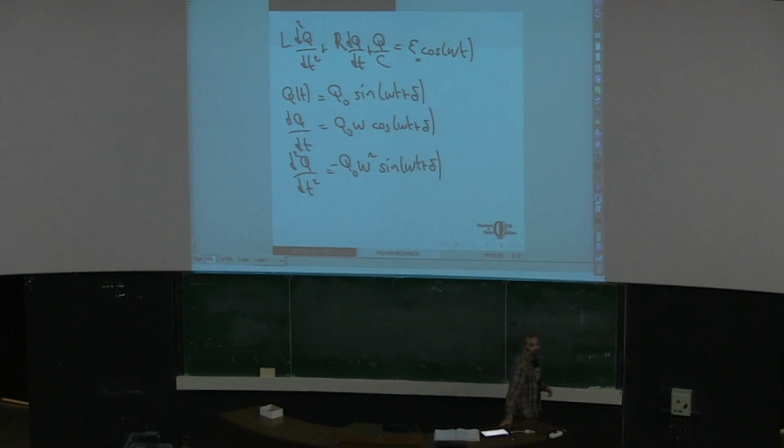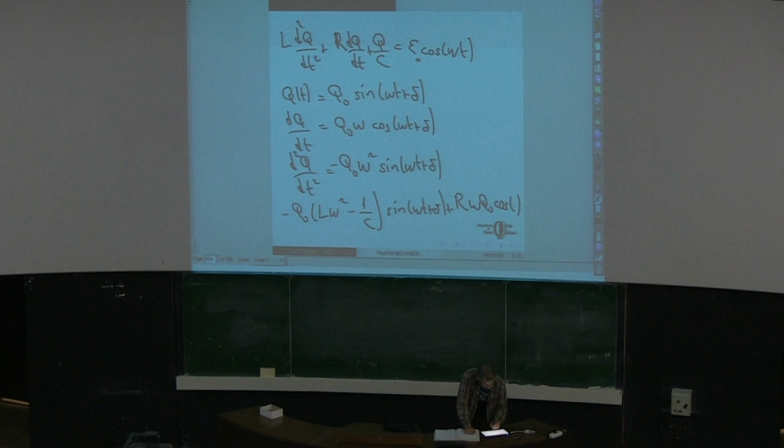This is the equation. And if we just put this over here, we get minus Q0 times L omega squared minus 1 over C, times sine of omega t plus delta, plus R omega Q0 cosine of the same thing. This should be equal to epsilon 0 cosine omega t.